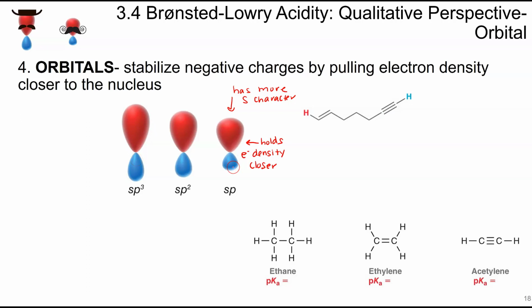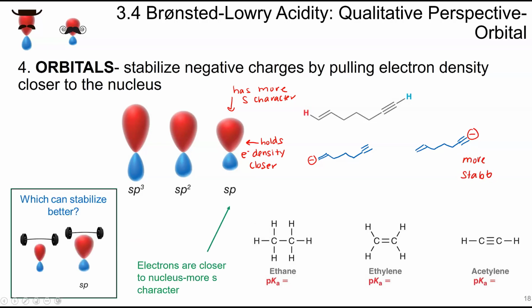These sp ones can hold it pretty closely. So if we're looking at the conjugate base of these, this one has the electrons held more closely because it is sp, so this one is more stable. So the sp is stronger at carrying that because it can hold the electron density closer to itself.